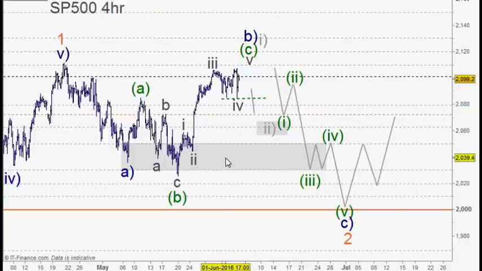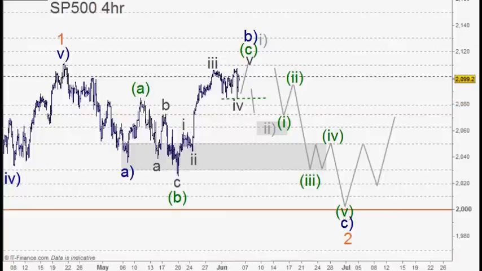That would be confirming that it started at that point. So there is a count that I'll explain that can have one more little move up to here. It's probably unlikely, but I think that we need a strategy to accommodate all scenarios here. So the short trade would be taking the lows out at this point here.